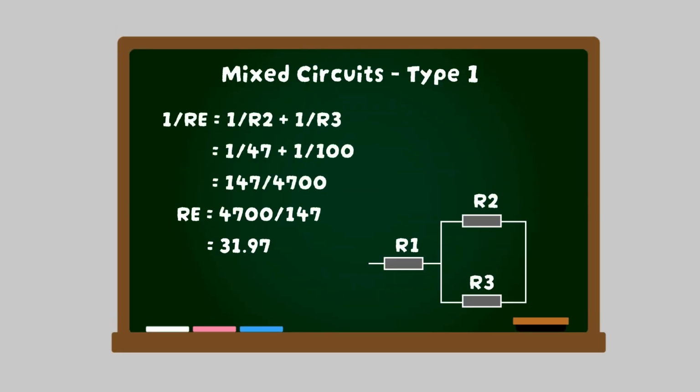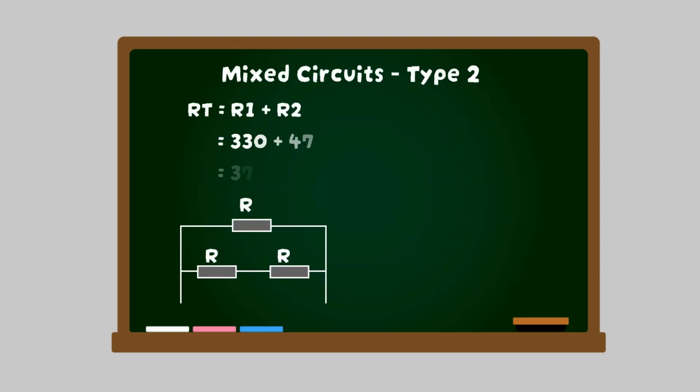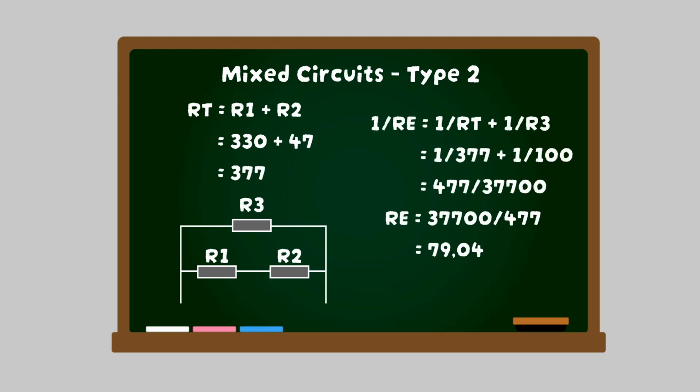RE equals 1 over R2 plus 1 over R3, 1 over 47 plus 1 over 100, and the final result is 31.97. Now to calculate the total resistance, we just add that, and then we get our final result of 361.97. In the second example, we simply add the 2 resistors in series and then calculate the equivalent resistance after.